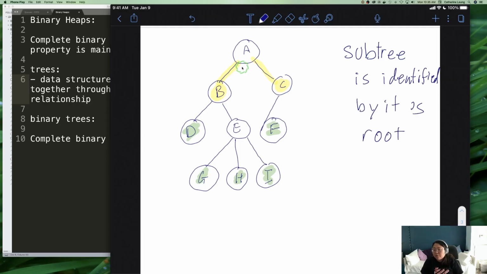So when we talk about subtrees, we identify the entire subtree by its root. So what do I mean by this? For example, if I were to take a look at this diagram, let me very quickly erase some of the highlighting here.